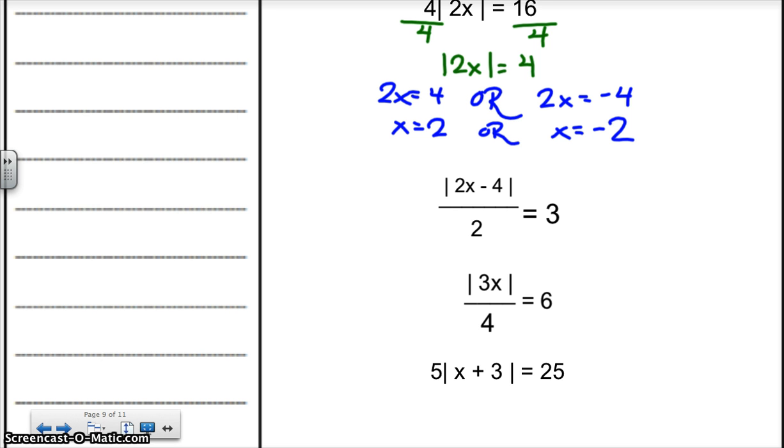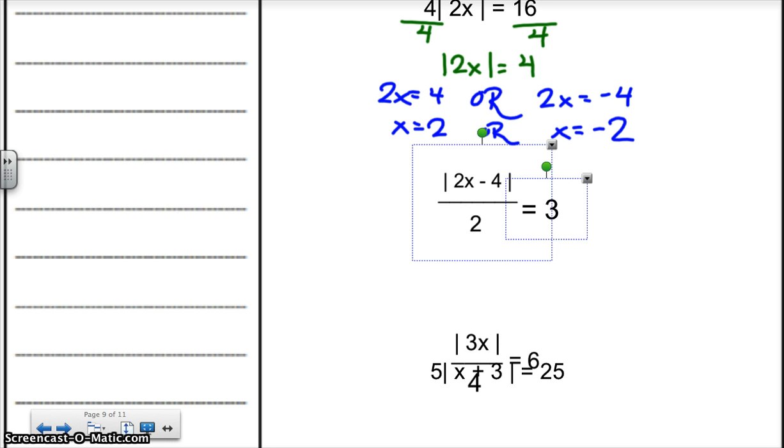Okay, this one looks crazy, doesn't it? The absolute value of 2x minus 4 over 2 equals 3. Well, what's over mean? Multiply or divide? Over represents division. And then to move division, how do you move division? Yep, so I'm going to multiply both sides by 2.